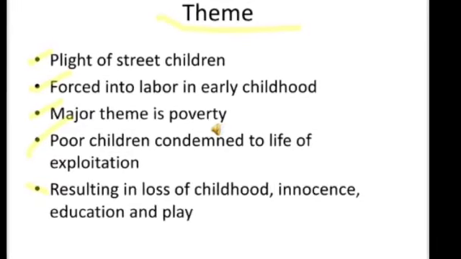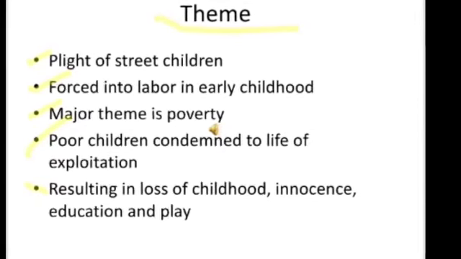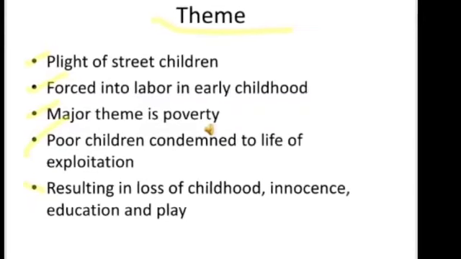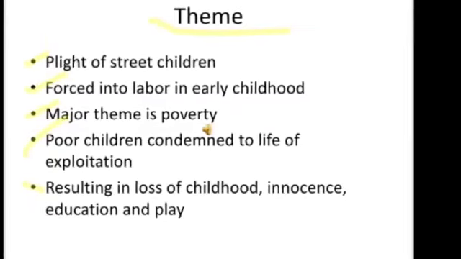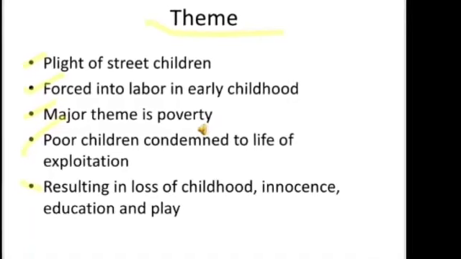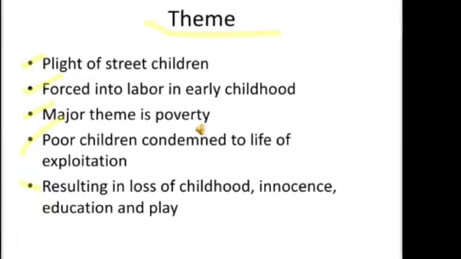So we can say that the major theme is poverty and poor children who are condemned to a life of exploitation, resulting in loss of childhood, innocence, education, and play. That is the real lost spring.